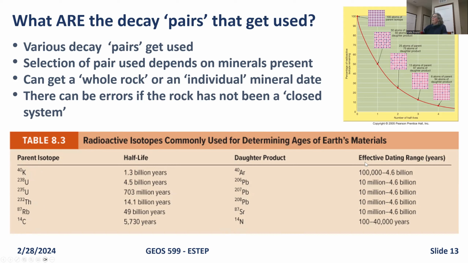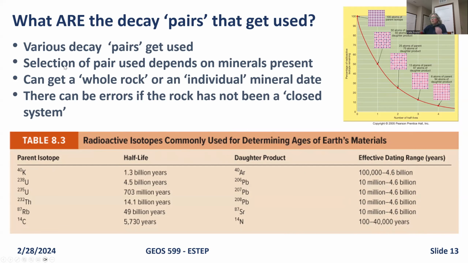And over on the right column, it shows the range of time over which it is a useful pair to use. And we call them pairs because potassium 40 decays to argon 40, etc. So here are the age ranges that they can be used for.